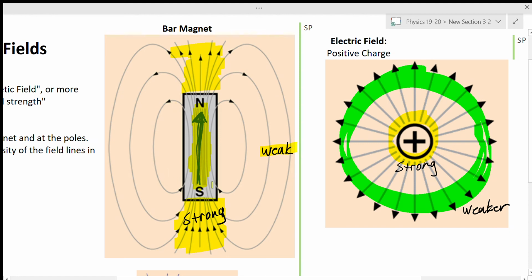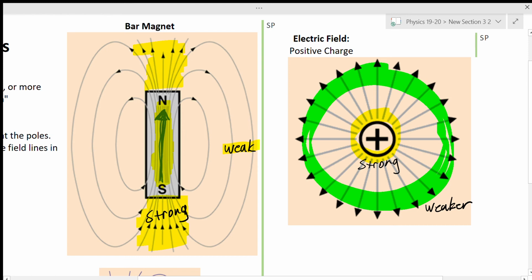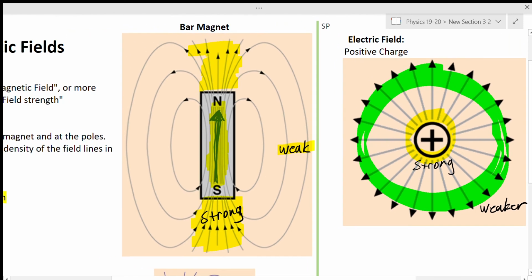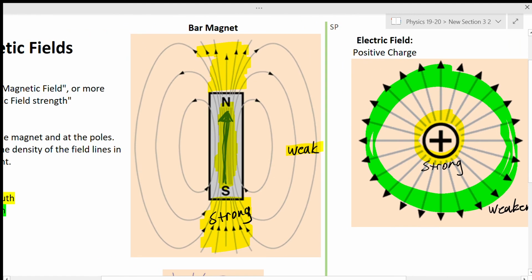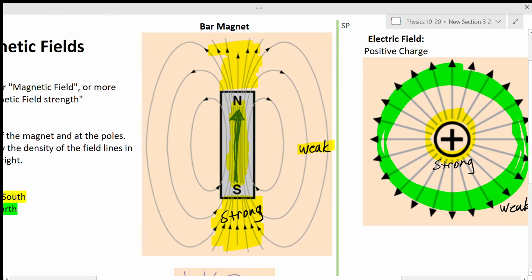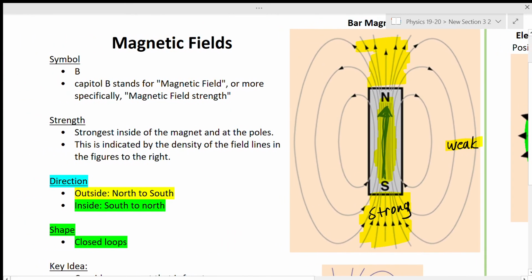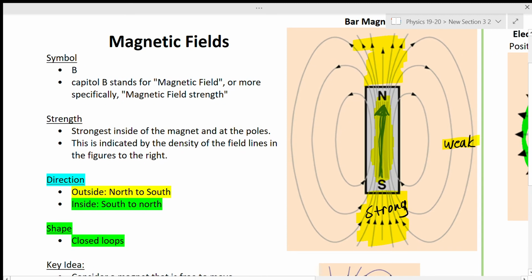With charges, you can have just a monopole, one positive or one negative charge. But a bar magnet is always a dipole, a north and a south pole. We've never observed just a north or a south pole by itself in nature. That's one of the things that's unique about magnetic fields. It's different than gravitational or electric fields because it forms those closed loops and you always have a dipole.